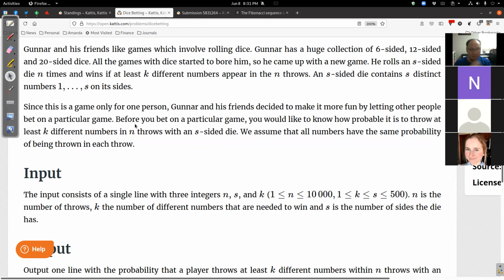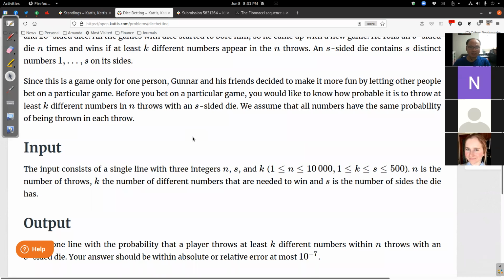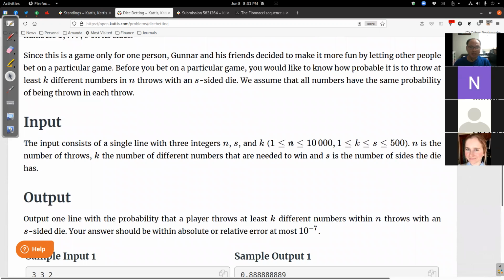Before you bet on a particular game, you'd like to know how probable it is to throw at least k different numbers in n throws with an S-sided die. Assume that all numbers have the same probability of being thrown. So you're given n, the number of times you throw the die, up to 10,000.